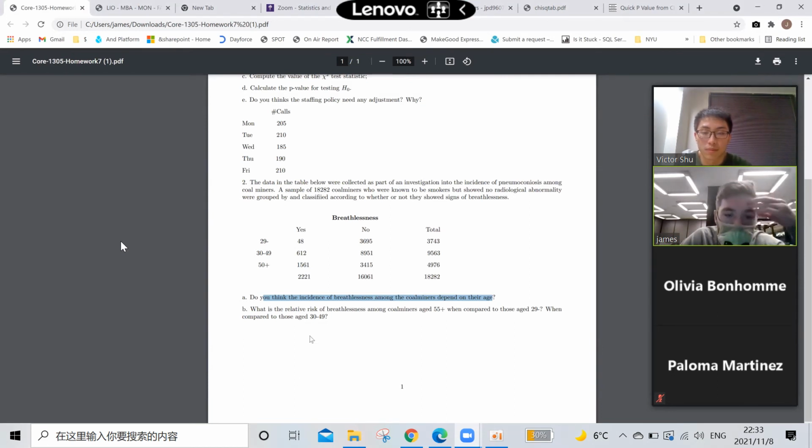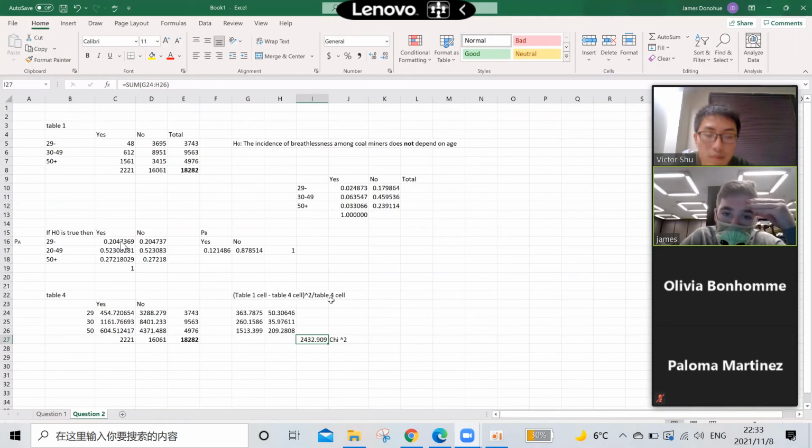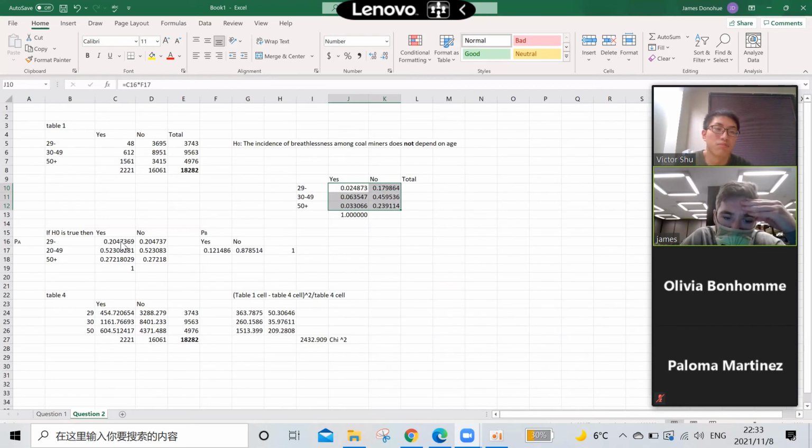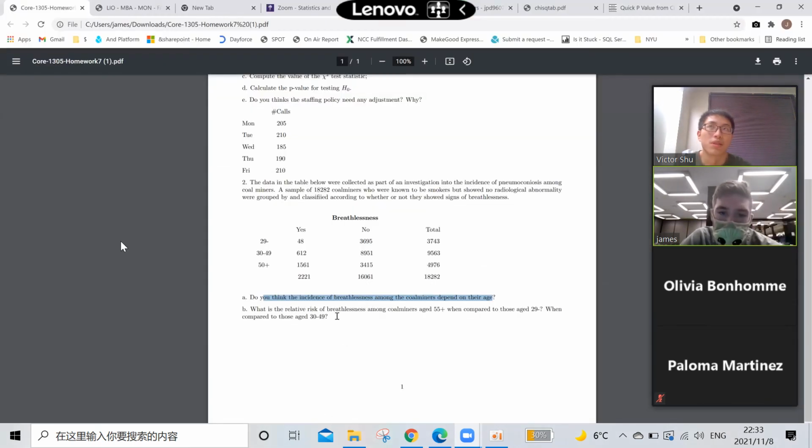And then, this relative risk question, is that just comparing these probabilities here? Oh, basically, there are many ways to compare it, I think.